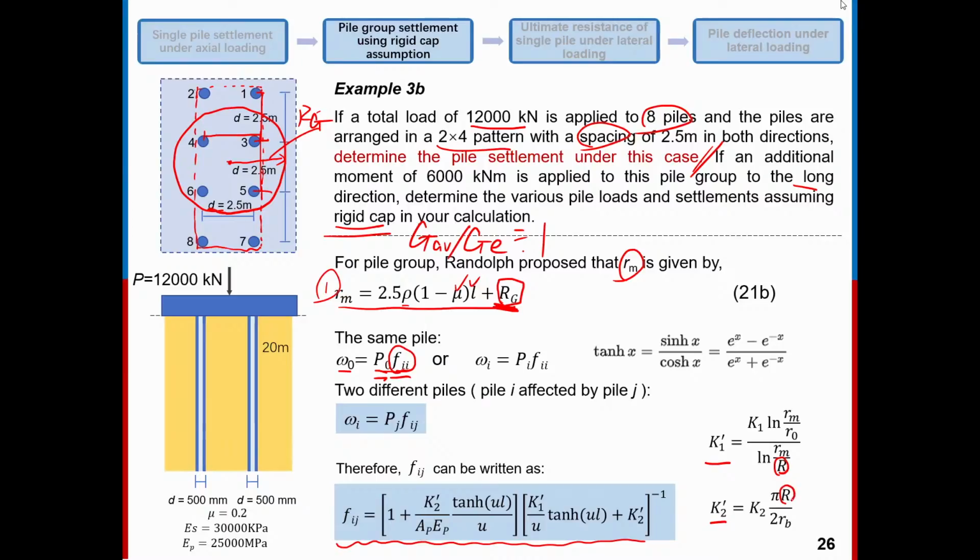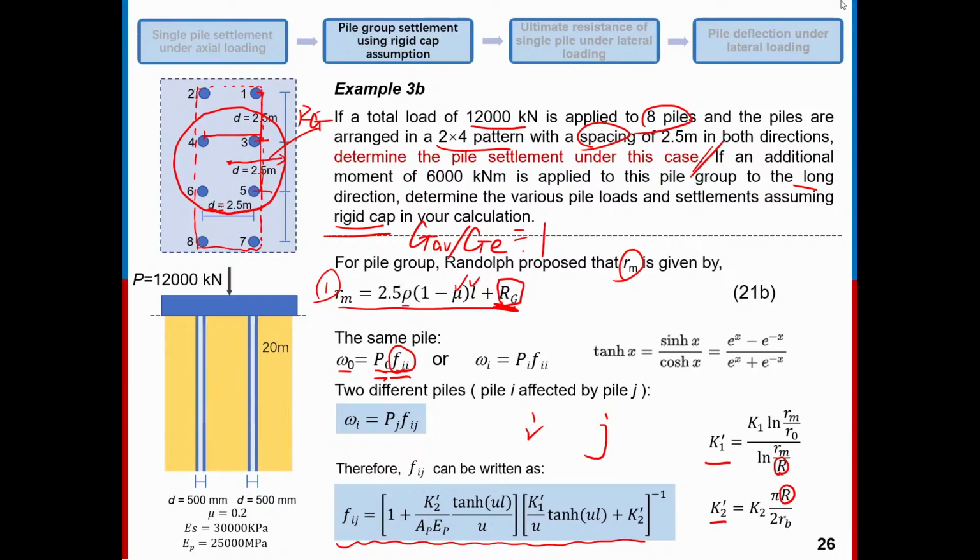Similarly, for K2 prime, we have another R. Even though it is called R, actually it is a distance, the center to center distance between pile I and pile J.